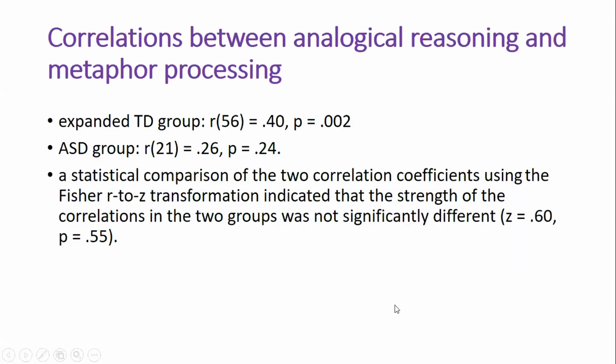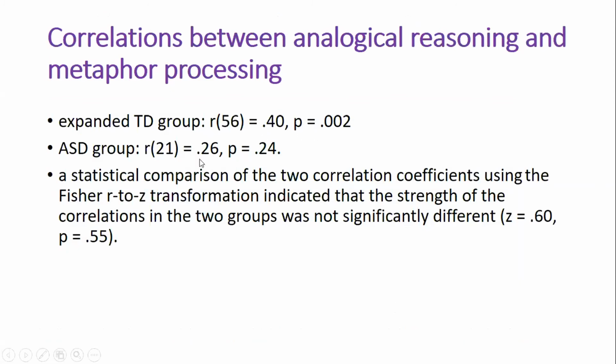Okay, so what about the analogy hypothesis of metaphor processing? In the total, or the expanded typically developing group, we found a significant correlation between metaphor processing and analogical reasoning of 0.4, a reasonably substantial correlation.